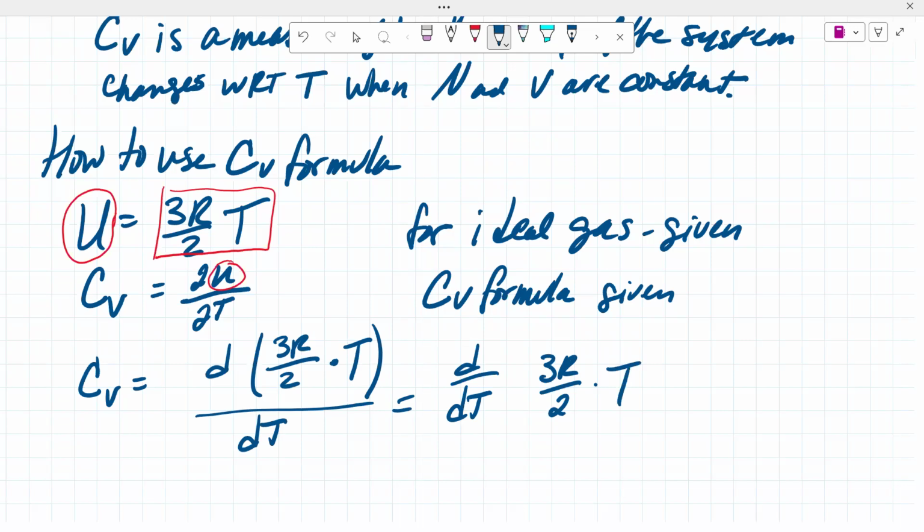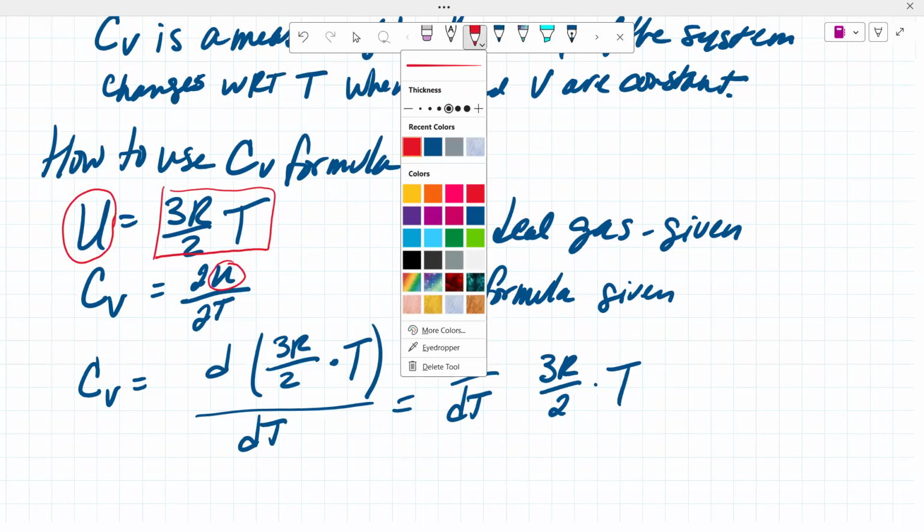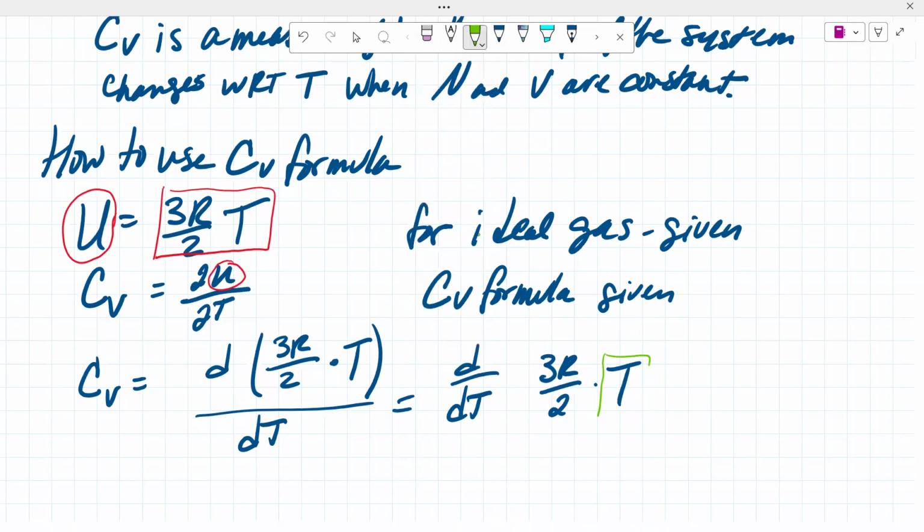In other words, the reason why I've written it like this is because this is the variable. Oh, maybe that's a bit confusing because it's not the same as the other one. So let me just pick a different color here for you. I'll pick green. So this here is, so I don't confuse it with this. It's not the same as that. This is the variable. And how do I know that? Because it's d dT.